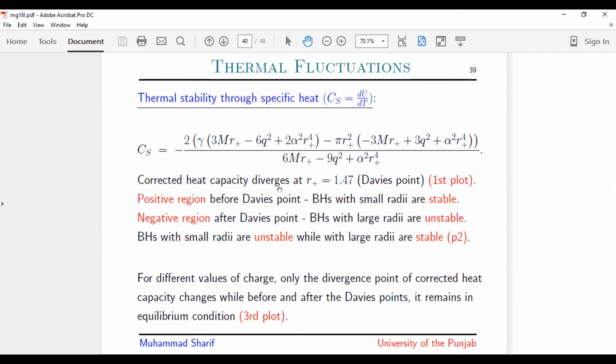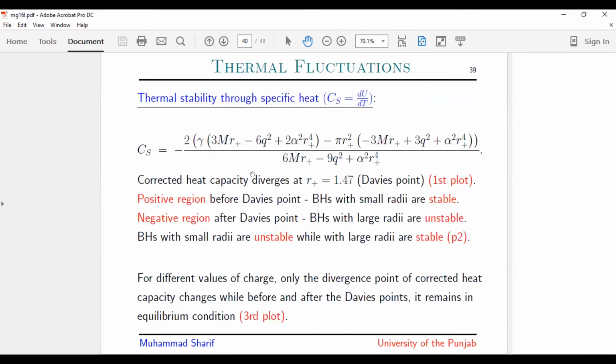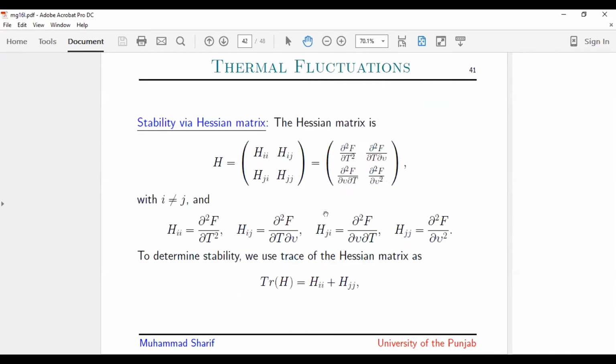So here we can see 1.47 is the divergence point from the first graph. Region before this is stable, and region here is unstable. Similarly, we can see from here it provides stability here and instability here, and similarly here and here.